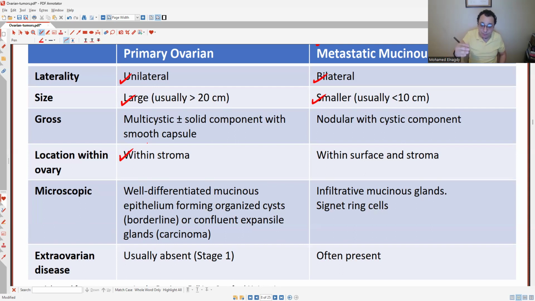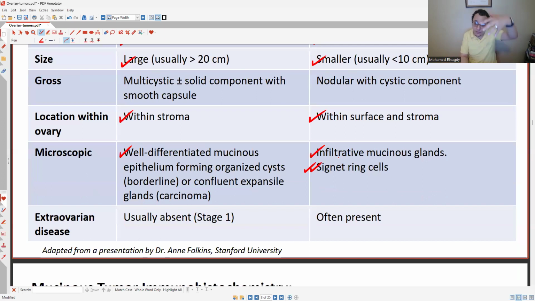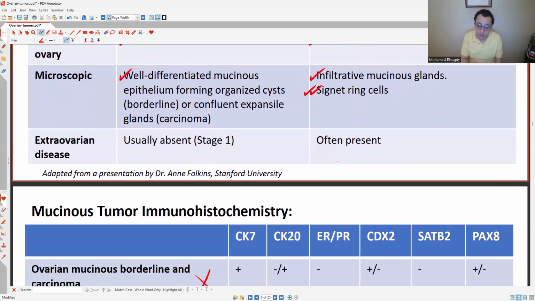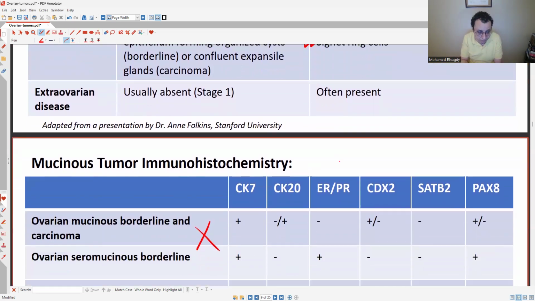However, you will see this background well-differentiated mucinous epithelium, borderline type, forming these tufts and tree-like growth. Here you will see only infiltrating cells out of nowhere, and most of the time they have signet ring appearance. They are usually located on the ovarian surface and stroma because they are coming from the peritoneum. They are coming by transcoelomic spread.